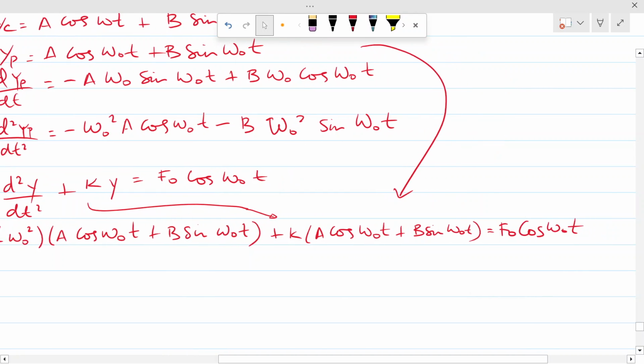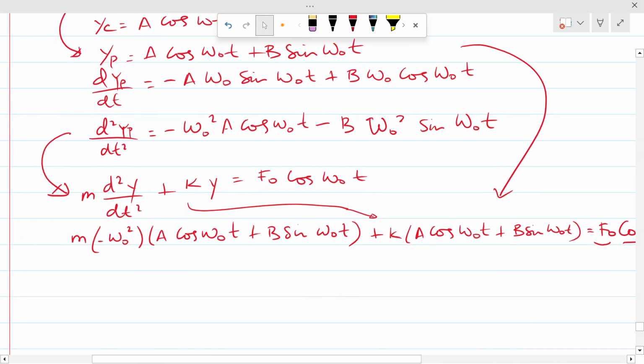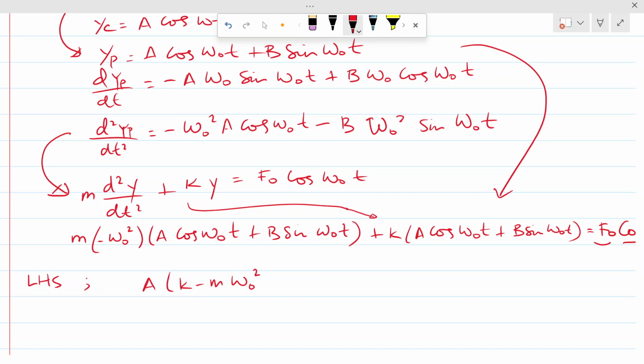On the right here we have cos w naught t, which has a constant of f naught, and on the left hand side we have a times k minus m w naught square.